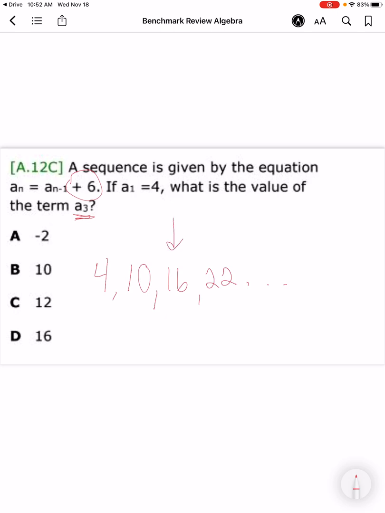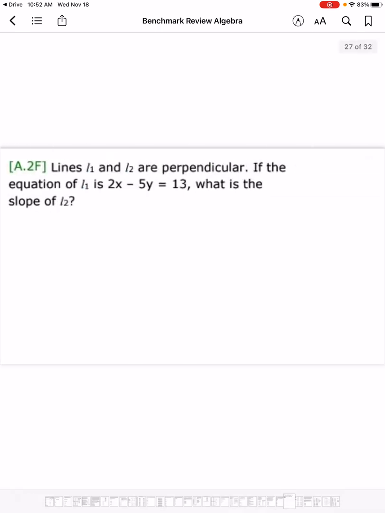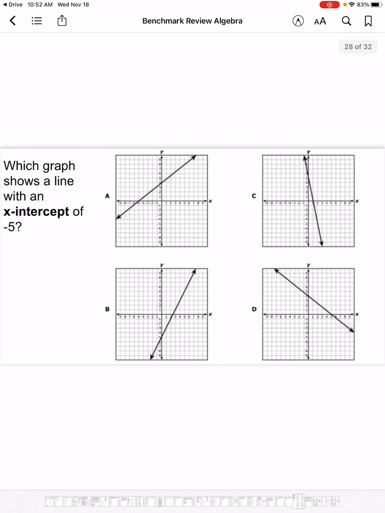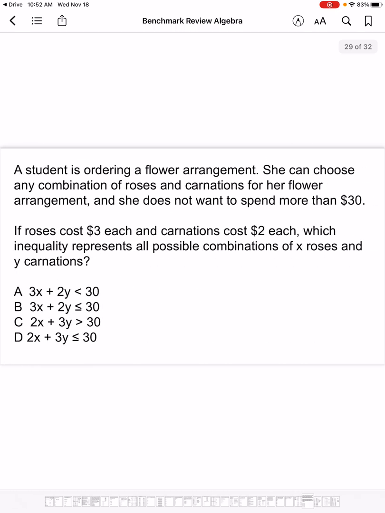So the third number is 16. Okay, again here find the slope, opposite of A divided by B, and then change it to perpendicular by flipping it and making it the opposite. Okay, again, you're looking for x-intercept. That should be explanatory, on the x-axis where it crosses.